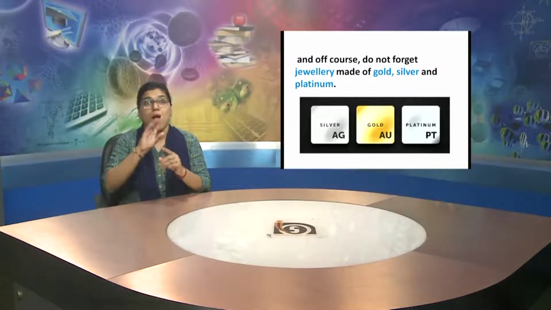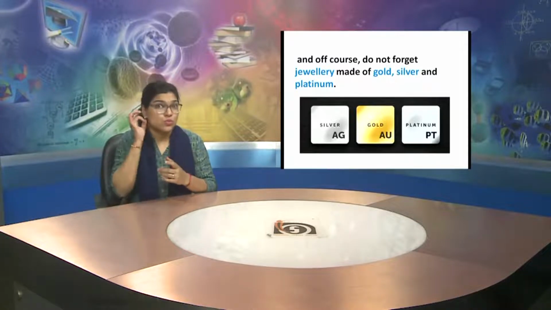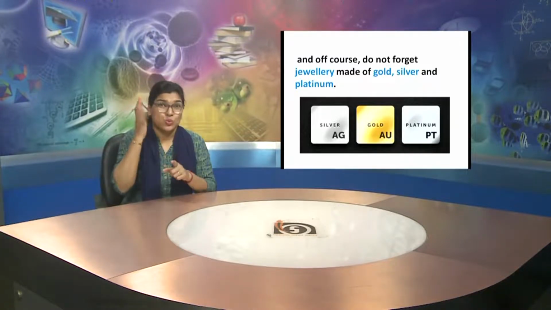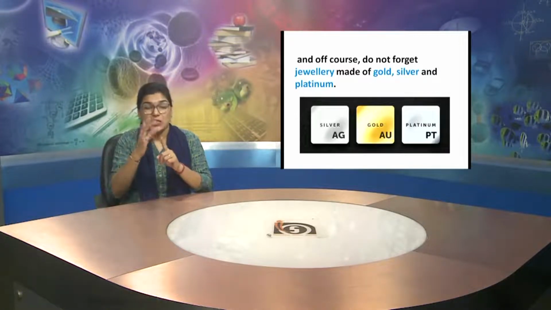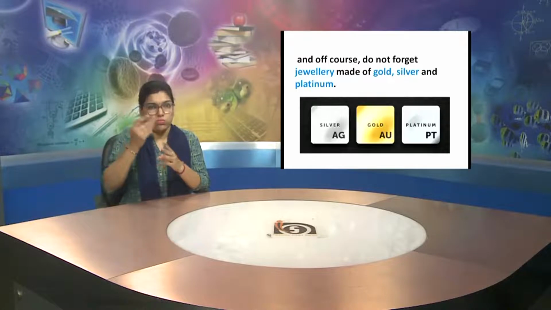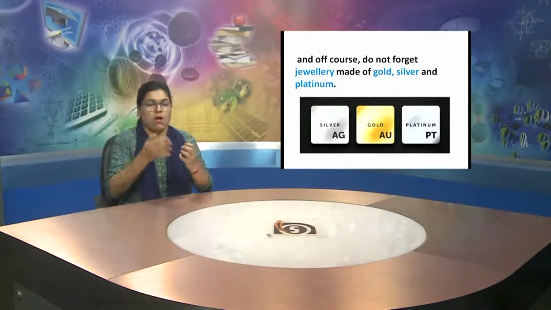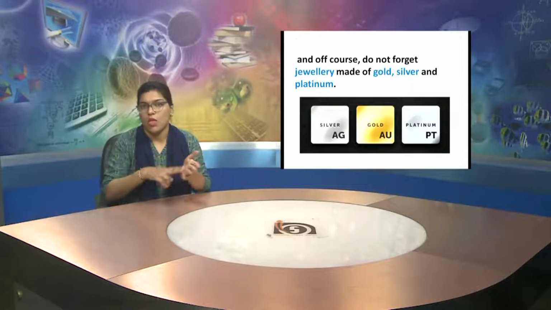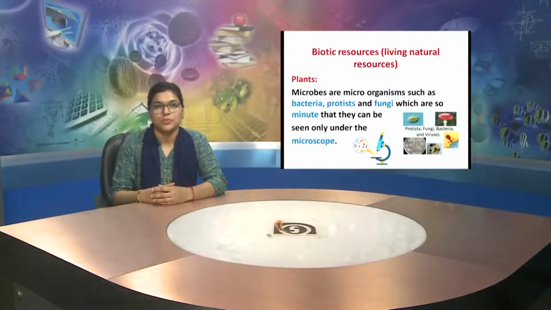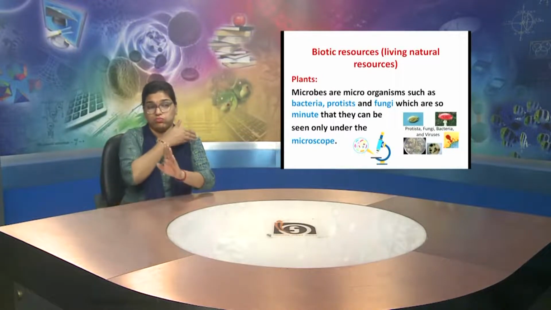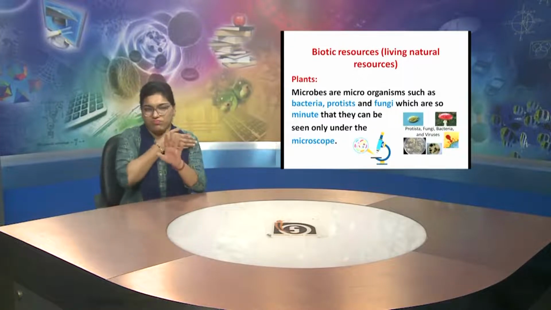And I hope you will not forget the jewelries made of gold, silver and platinum. All these are metals only. These are the natural resources. Till now we have talked about abiotic resources.